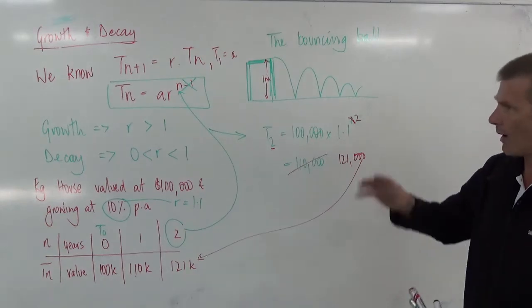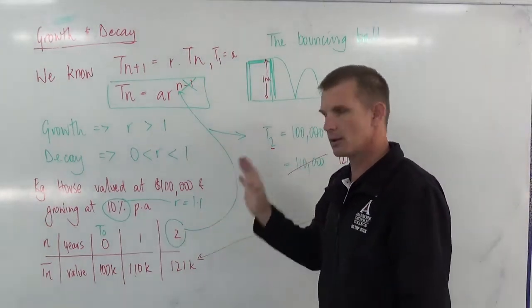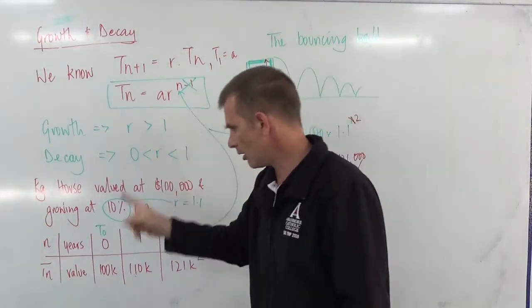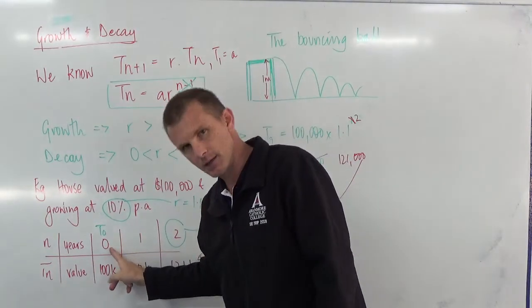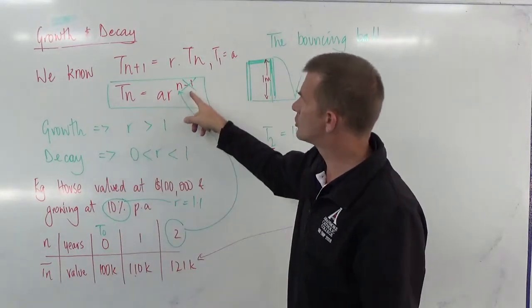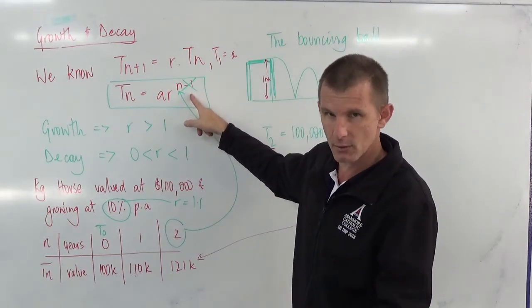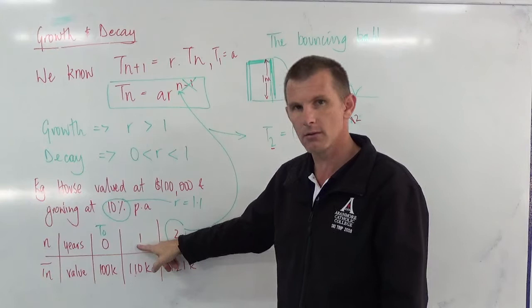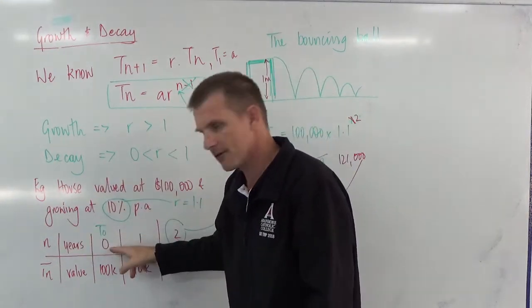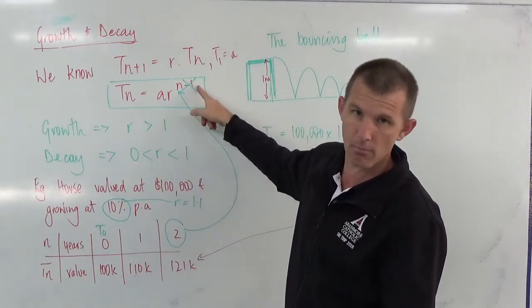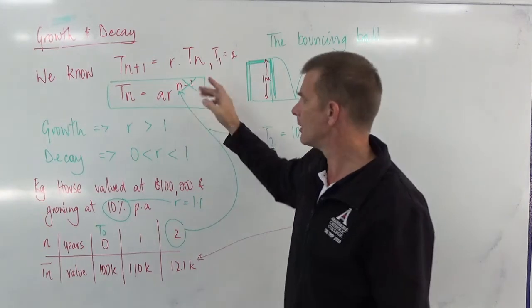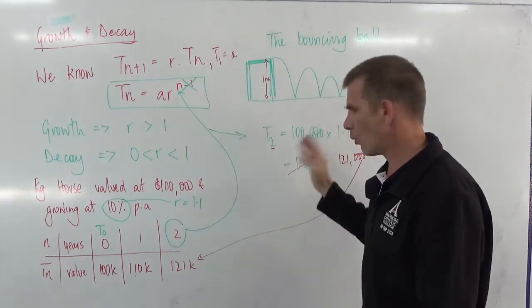So you've got to be aware in practical questions, because we start at T0, we must adjust this formula a little bit. Because that formula was for our sequences that started here. We're now starting one back before, so we get rid of this minus 1 part. Okay? If you can remember that, then they'll work out.